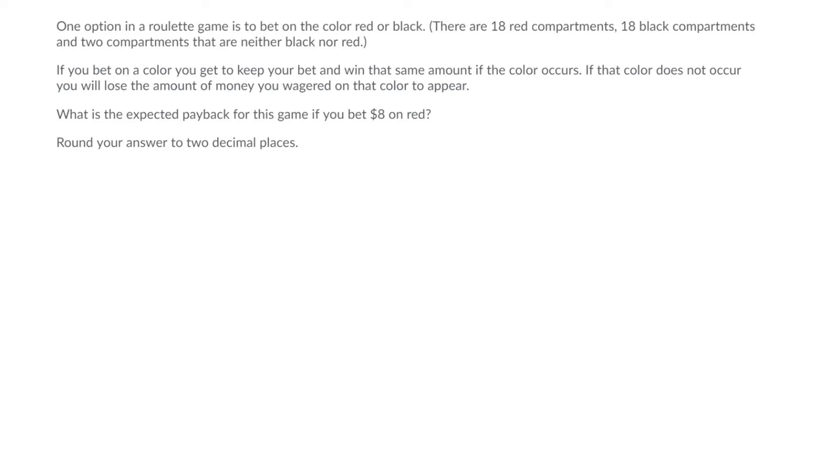Okay, so we're on number 8 here, and we're playing roulette. There are 18 red compartments, 18 black compartments, and then 2 compartments that are called the house's compartments. You can't win with those, so that overall the casino is going to end up making money on every round on average. Suppose I wager $8 on red.